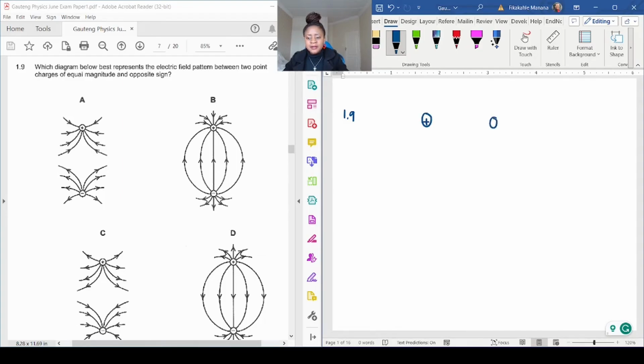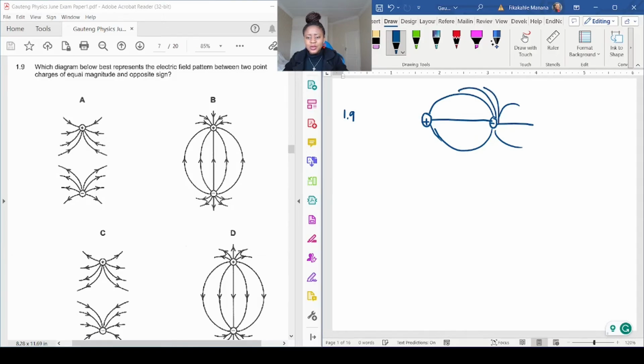So we have the positive and we have the negative. So how do the field lines flow? Do they flow from negative to positive or positive to negative? Opposites attract, equal repel.